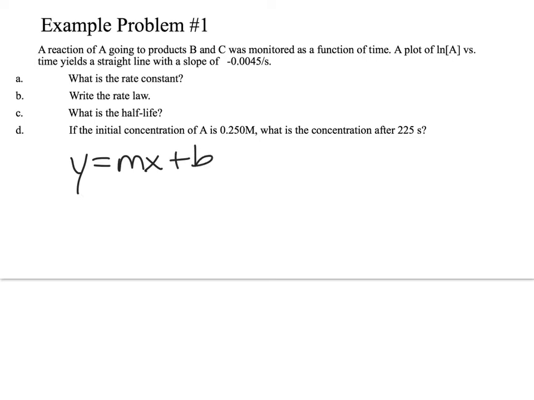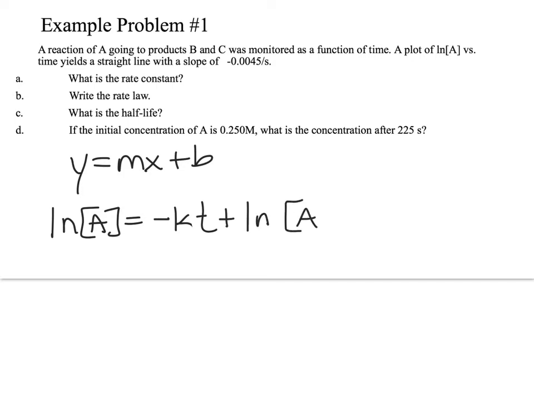In the case of a first order plot, we have ln A is equal to negative k times time plus natural log of A sub 0, initial concentration. Right, so the rate constant is k, so we want to find this value.